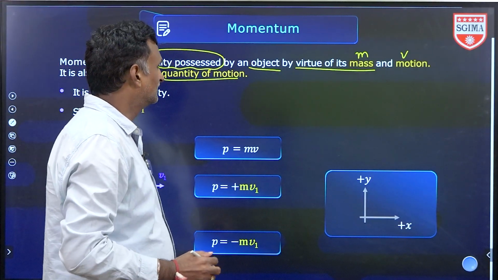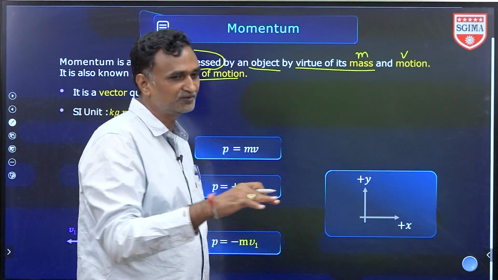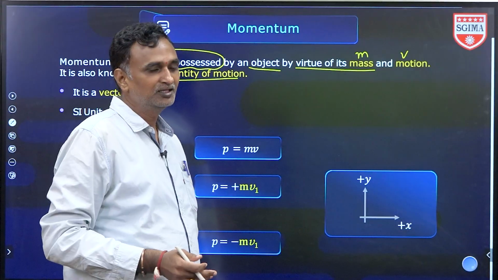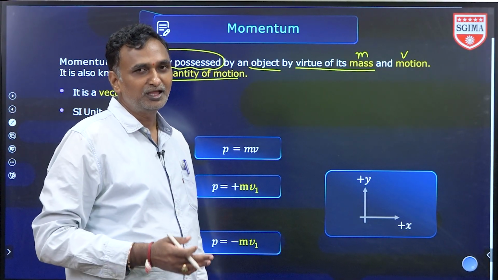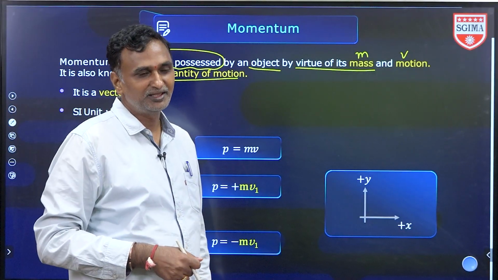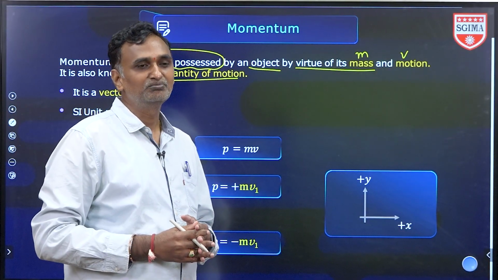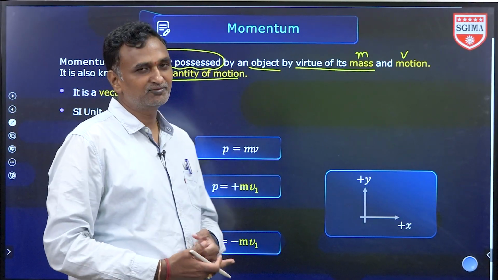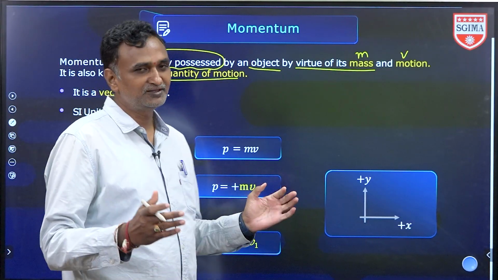Suppose you are a group of friends, and one friend has seen a situation like a small car going with high speed on the road. He explains, I have seen a car going with a greater speed. He was explaining nothing but the quantity of motion of that particular object, which has less mass.